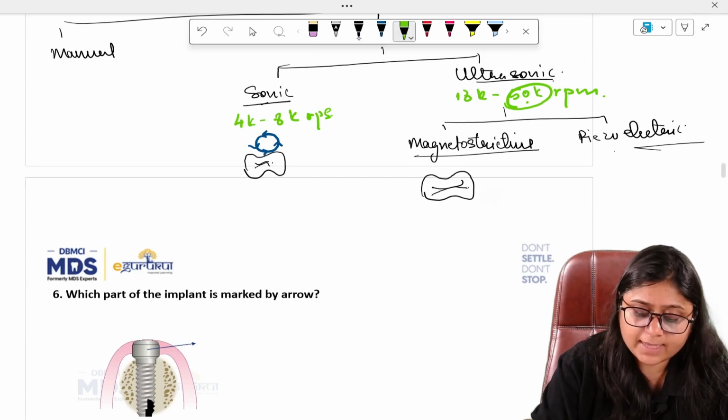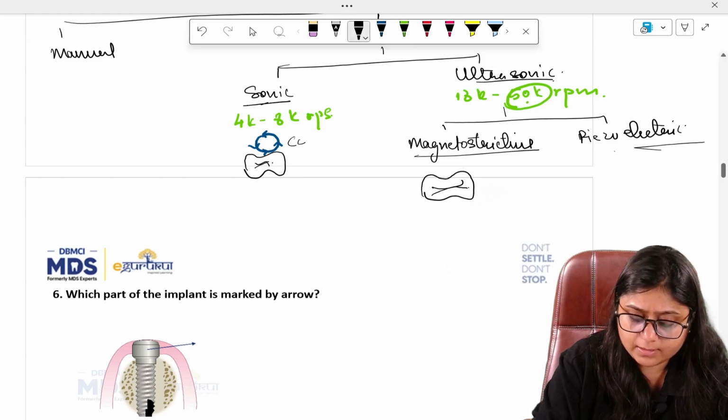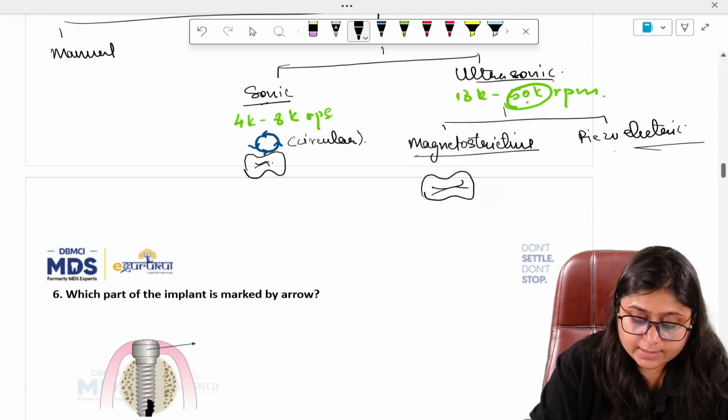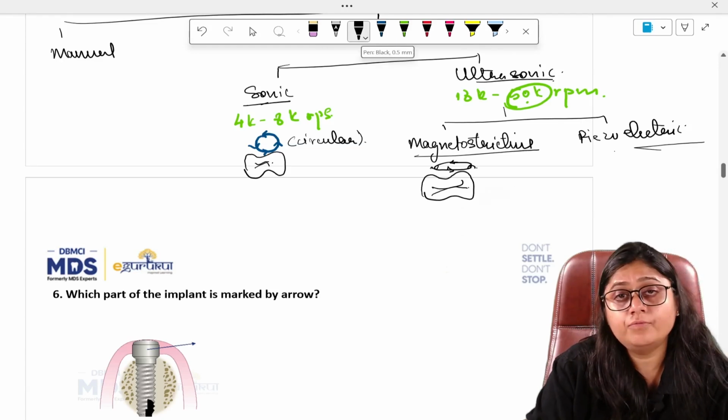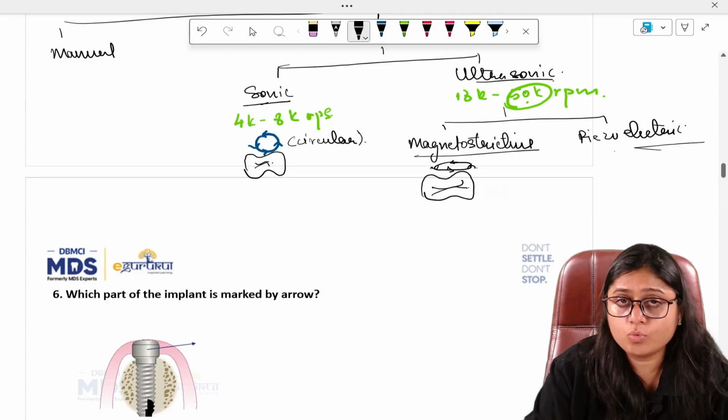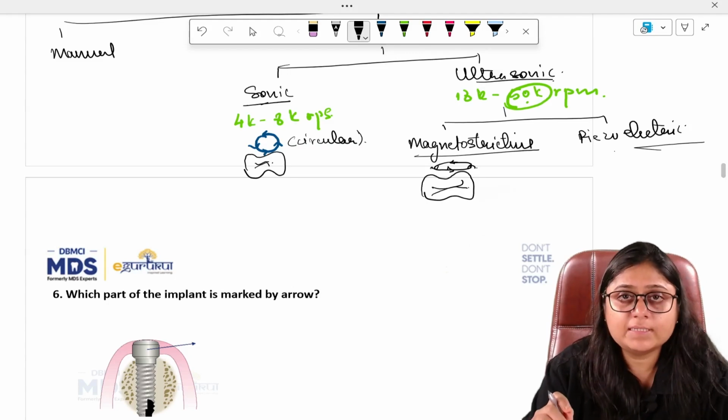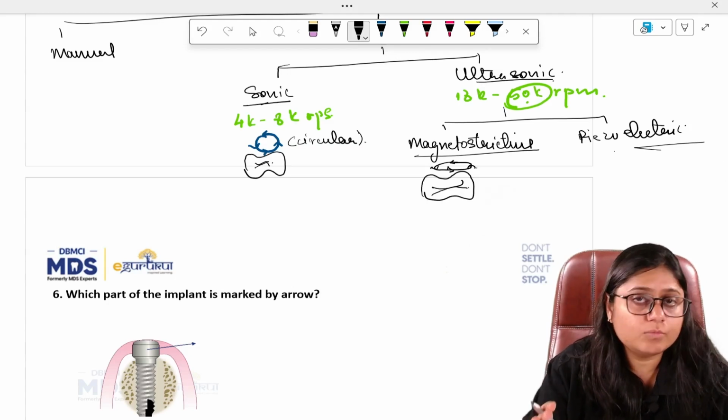So the sonic tip has a circular motion. Okay, this is the circular motion. The magnetostrictive has an elliptical motion. Okay, and here also all the four sides of the tip are working. So whichever side of the tip is touching the tooth surface, that will result in removal of the calculus.